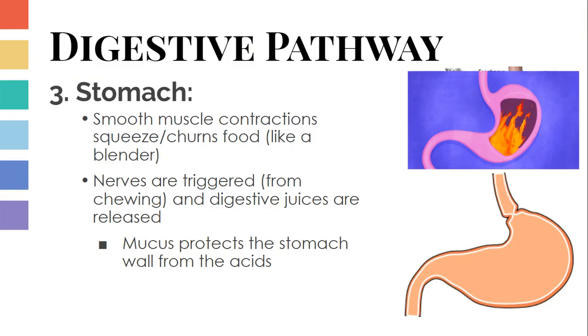So it feels like your heart is burning, but it's actually stomach acids trying to sneak back up into the esophagus. And because the esophagus doesn't have the same mucus lining, you can feel that pain in that part of your body.